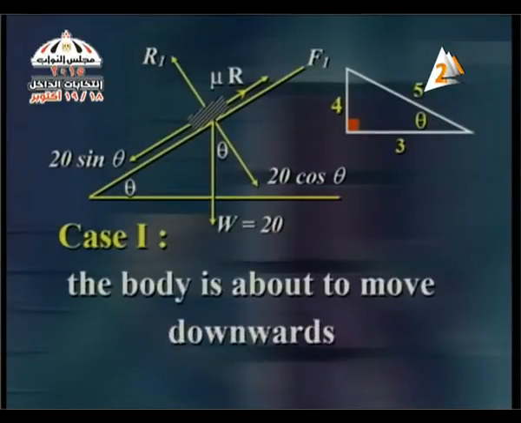On the inclined plane, we write F1 and mu R1 upwards, and R1 is perpendicular to the inclined plane. Case number 1, the body is about to move downwards.